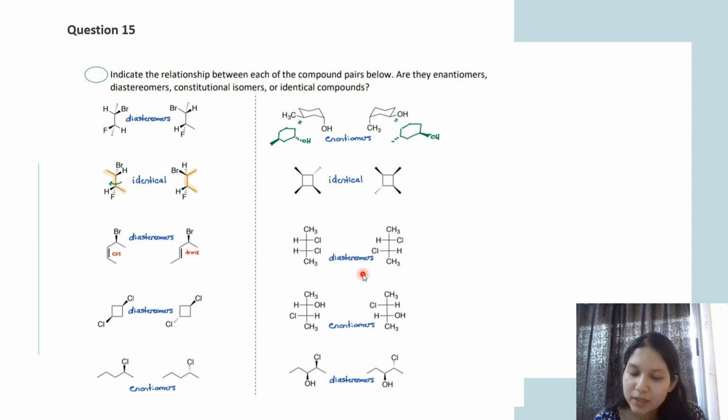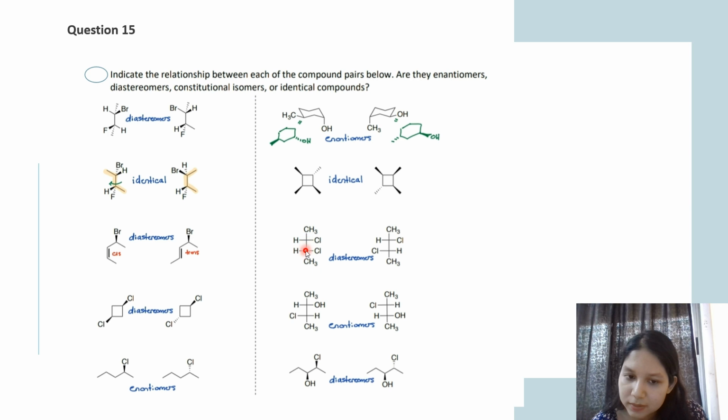For this pair of molecules, you have to simply assign the RS configurations to all the stereogenic centers present in a molecule. For example, in this molecule, you have two stereogenic centers.